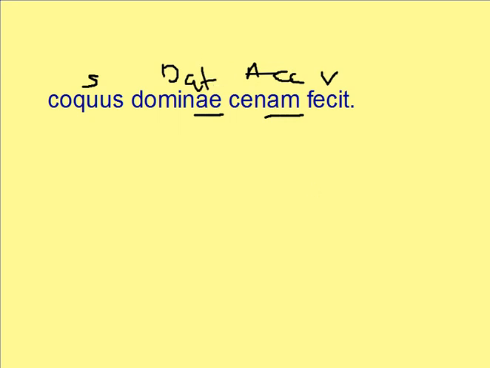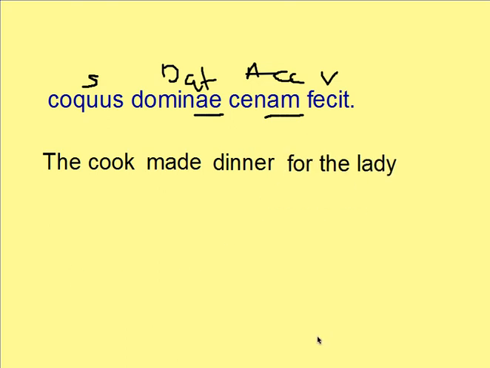The cook made cenam, dinner, dominae, for the lady. I can make the same alteration that I did in the previous sentence, and instead of saying for the lady, I can also say the cook made the lady dinner, and have exactly the same sentence in the end.